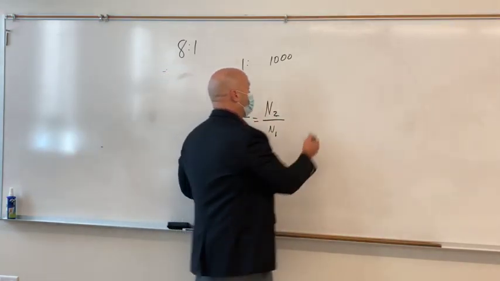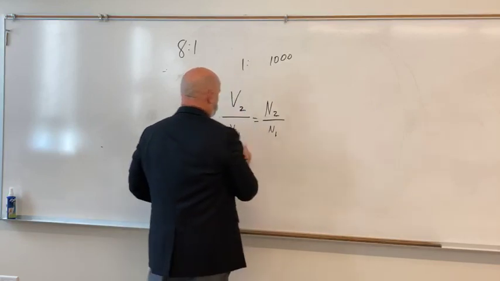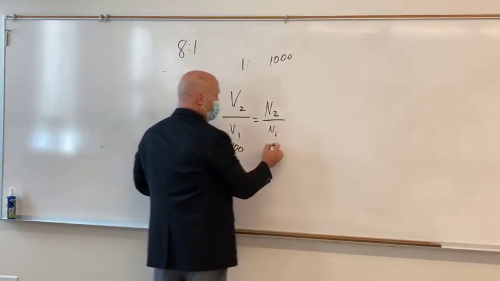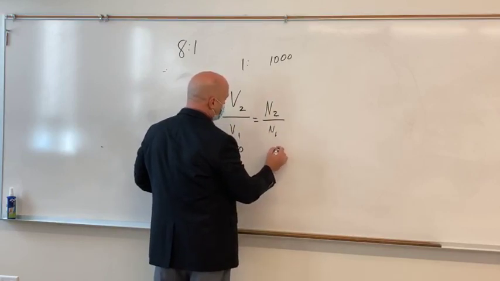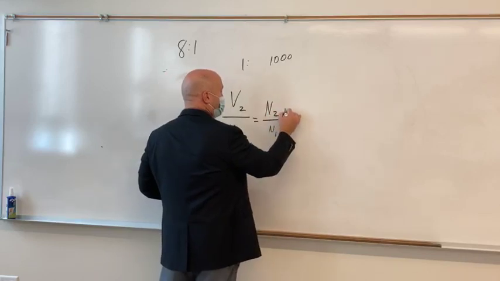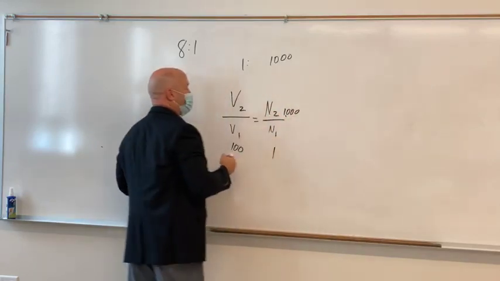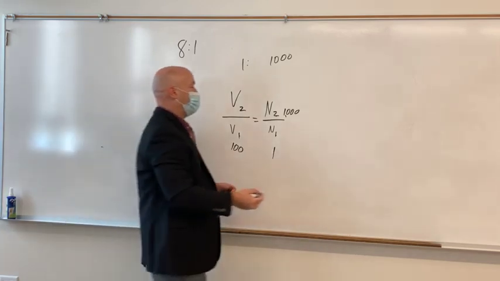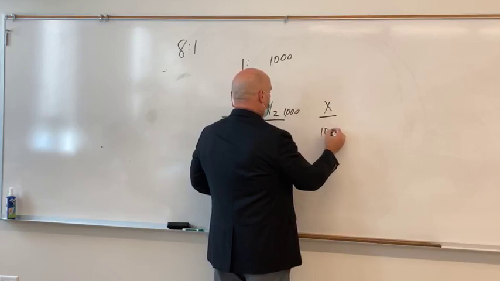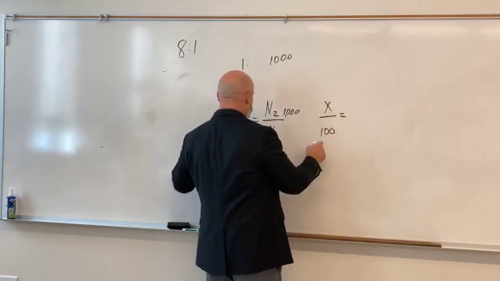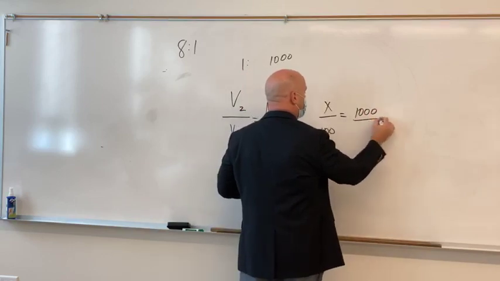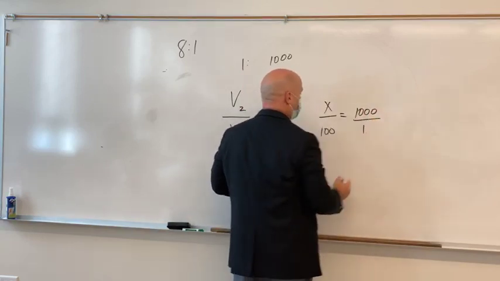So let's say our voltage on the primary side is 100 volts. Our number of turns on the primary side, we're going to keep it simple, is 1. Our number of turns on the secondary side is 1,000. So what is our voltage on the secondary side? If we set it up, that would look like X over 100, equal to 1,000 turns on the secondary side over 1 turn on the primary side.